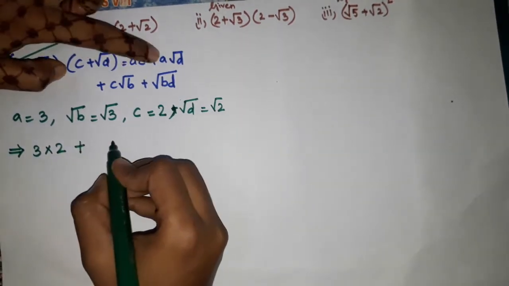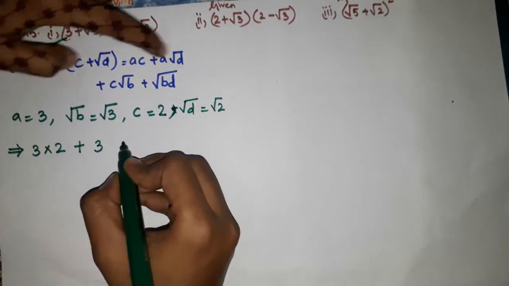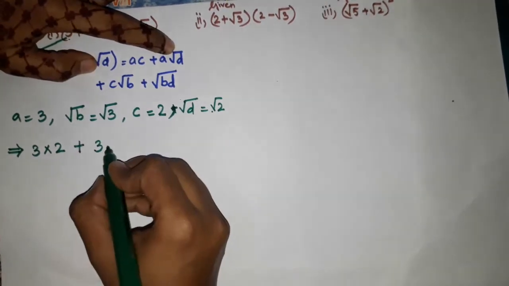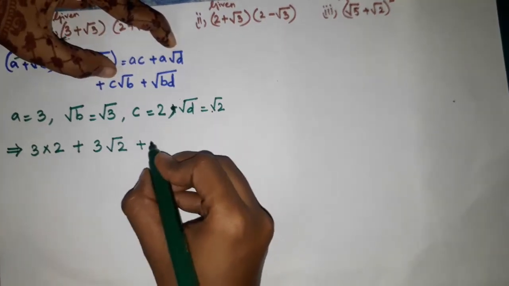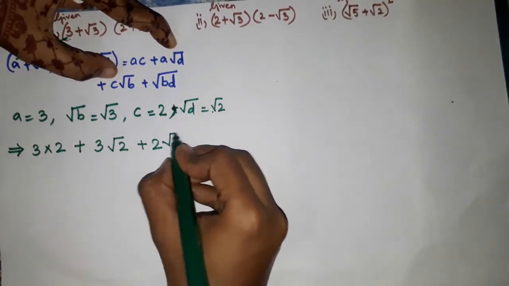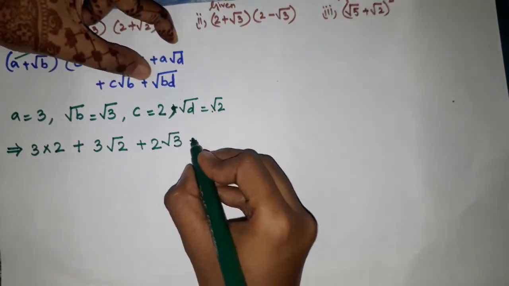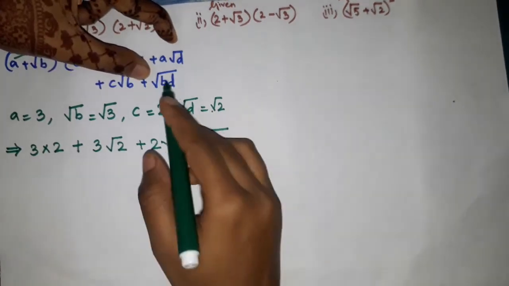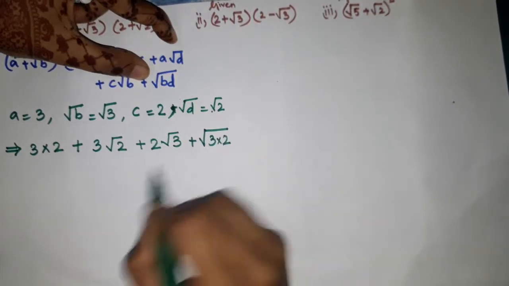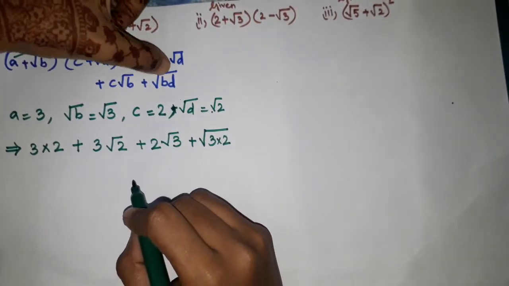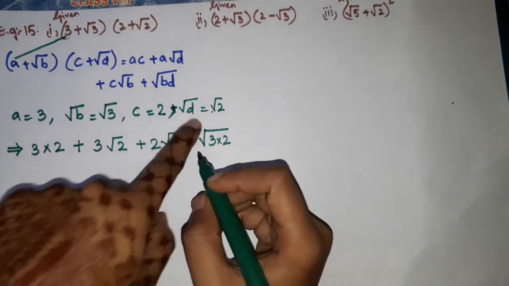So plus a, what is a? a is nothing but 3. What is root d? That is nothing but root 2. Plus c, what is c? c is nothing but 2. What is root b? It is nothing but root 3. Plus root bd, what is bd? b is nothing but 3, d is nothing but 2.